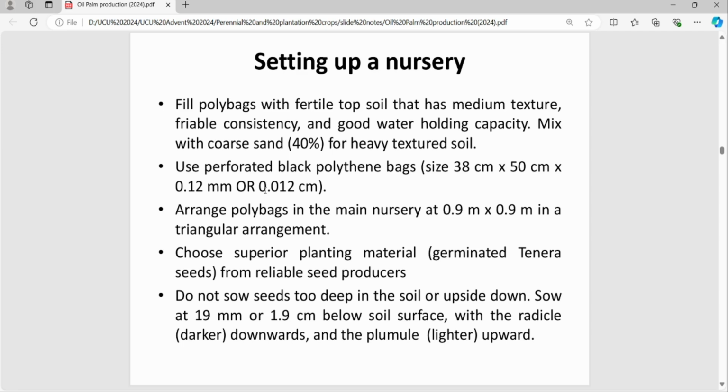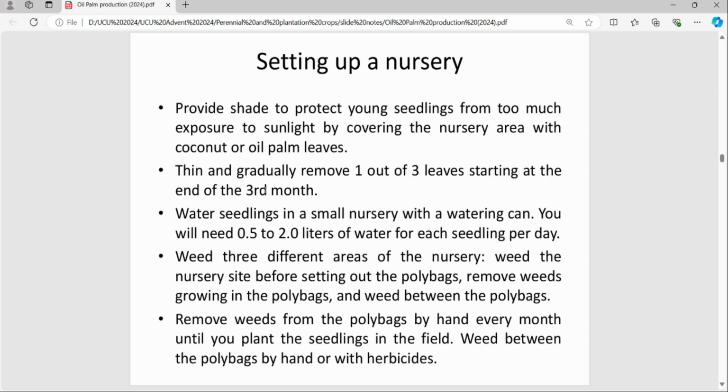And ensure that the darker side faces downwards and the lighter side faces upwards. Now the darker side is the side where the radicle is, and the lighter one is where the plumule is.